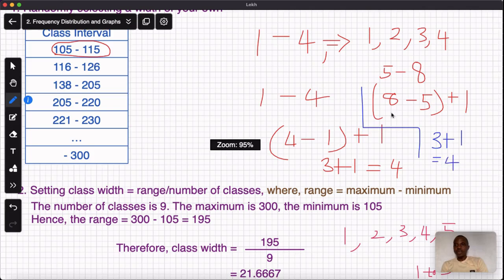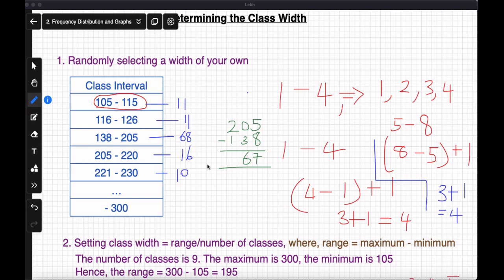If you check, the numbers involved would be 5, 6, 7, and 8. And as you go on, you'll find out that you have 68 numbers in this class, 16 numbers in this class, and 10 in this class.